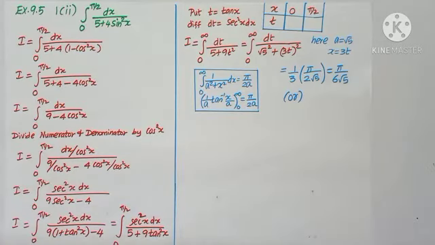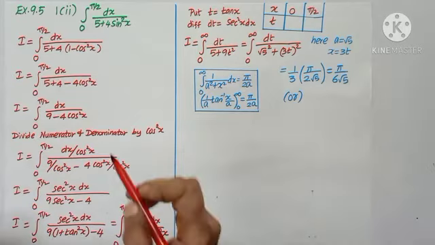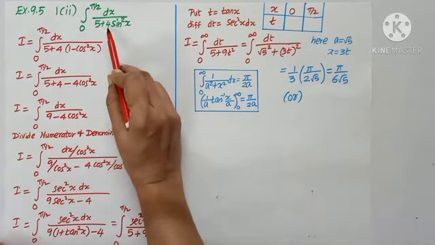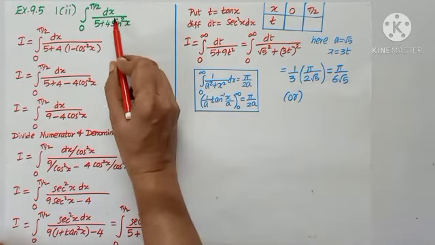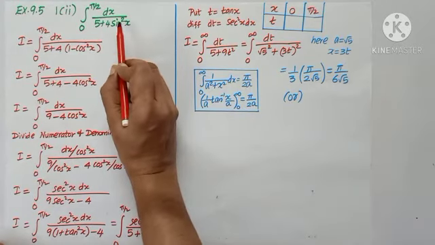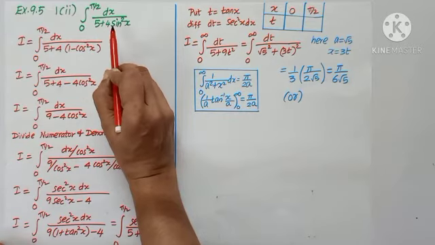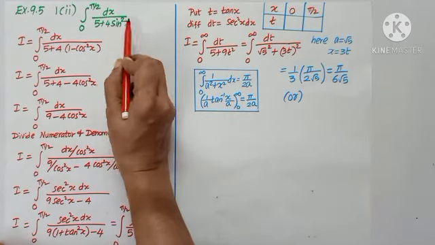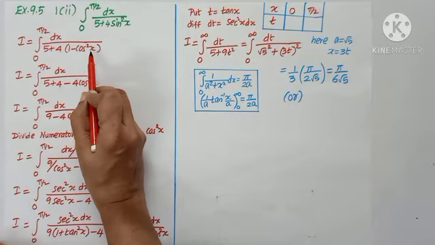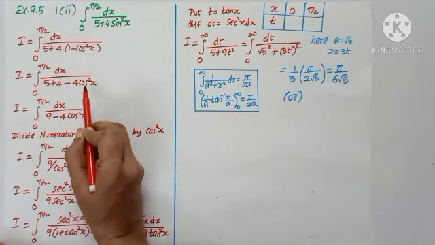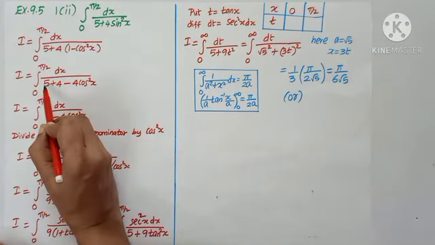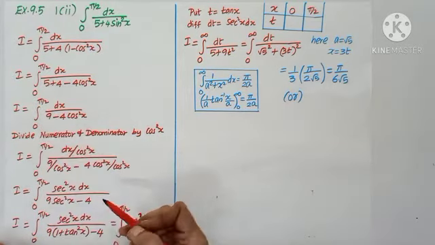Second subdivision, integral 0 to pi by 2 dx by 5 plus 4 sine square x. As I see sine square x, we learnt a little before with cos square. So rewrite sine square as 1 minus cos square. 4 into 1, 4. 4 into cos square, 4 cos square. Add these two, which gives me 9.